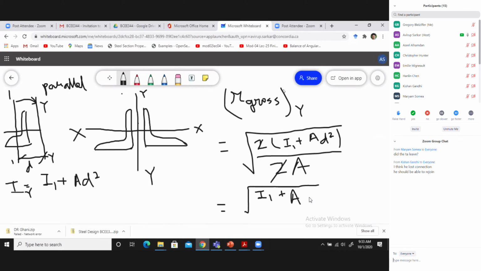So you see in this case it does not become equal to the ry individual or the ry single, about the y axis, that is the vertical axis, because ry single will simply be I1.